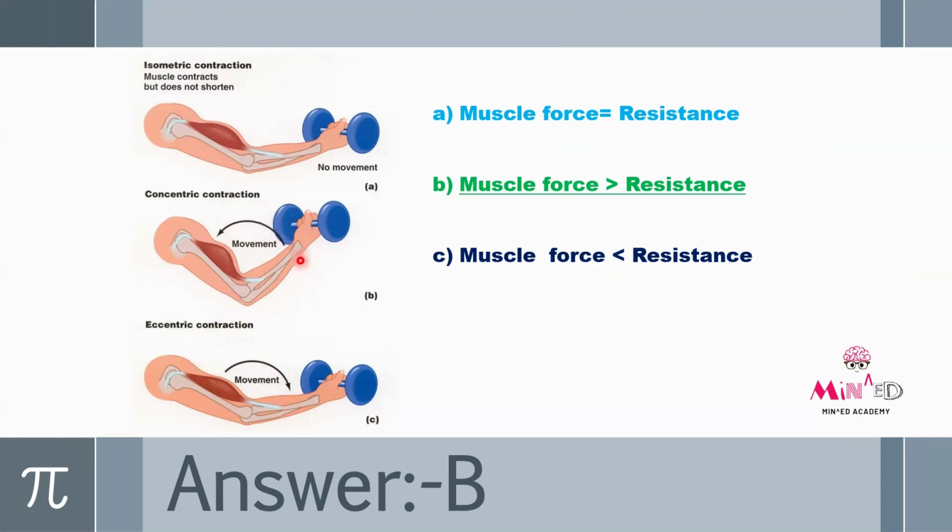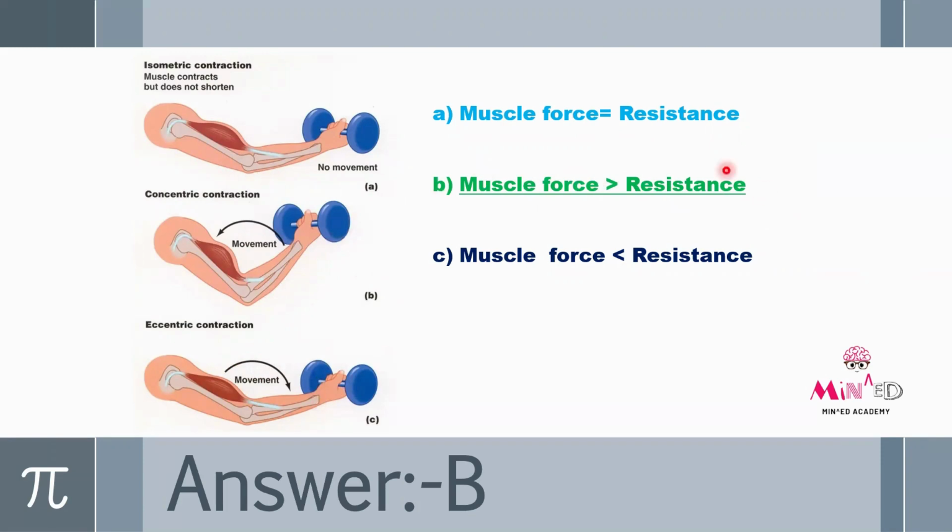In concentric, the movement will be towards the origin, and in eccentric, it will be outside the origin. Okay. See, the movement is outside. So, if muscle force is equal to resistance, it will be isometric. If muscle force is greater than the resistance, it will be concentric. But if muscle force is less than the resistance, it will be eccentric contraction.